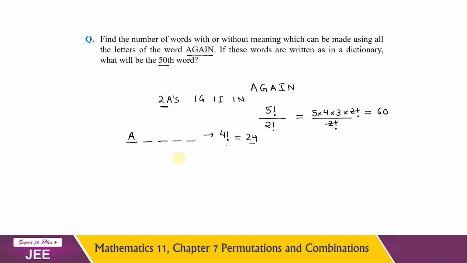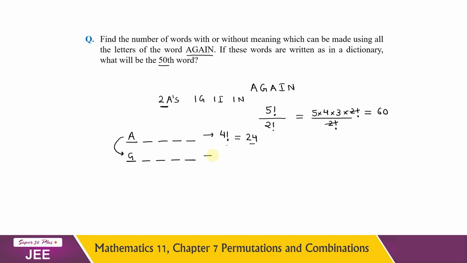Now in the dictionary, what letter may come after A? The next letter is G. After A there will be G in the dictionary. Again I have 4 vacant places, and at these places we have to fill the letters A, A, I and N. So A has repetition.